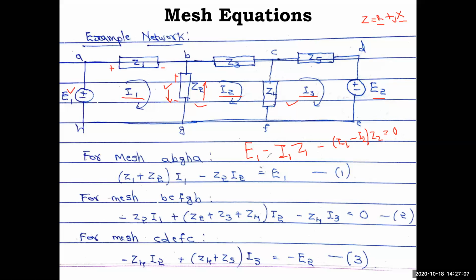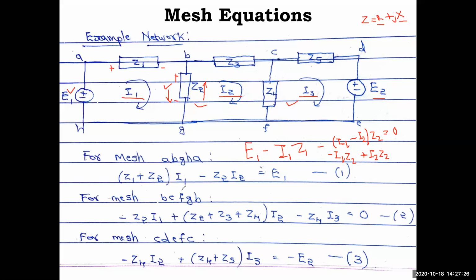Now I have simplified and written directly here. So this is I1 Z1, here it is minus I1, so when I split it outside it will be minus I1 Z2 plus I2 Z2. This is equal to 0.